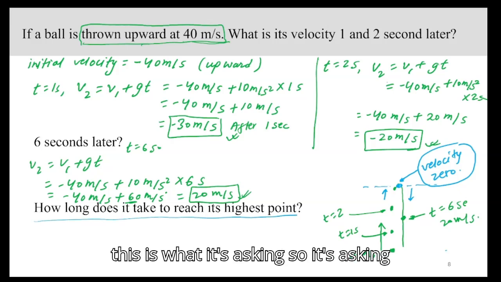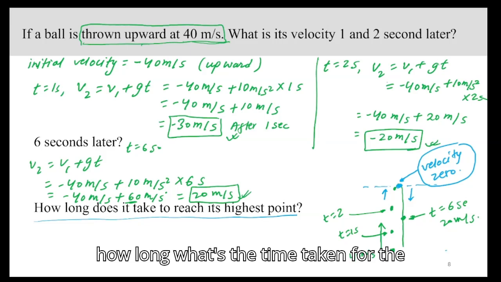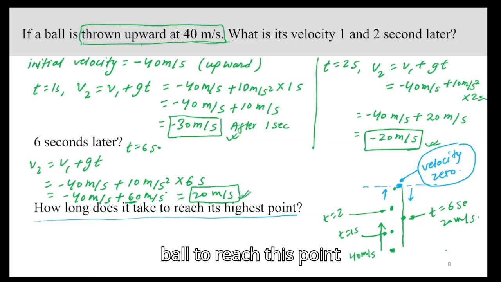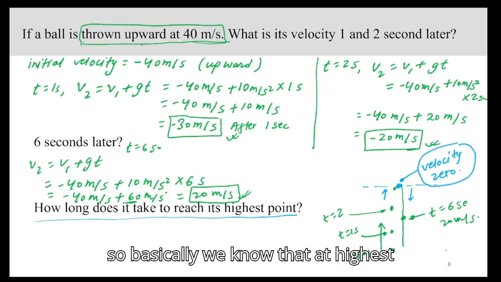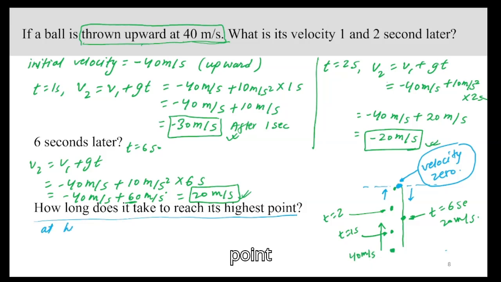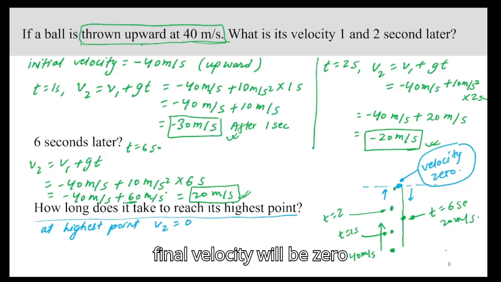So it's asking what's the time taken for the ball to reach this point where velocity will be 0. So basically we know that at the highest point the final velocity will be 0, right?